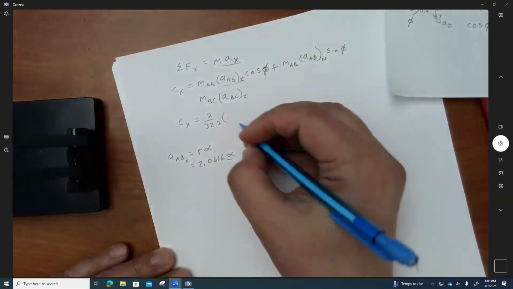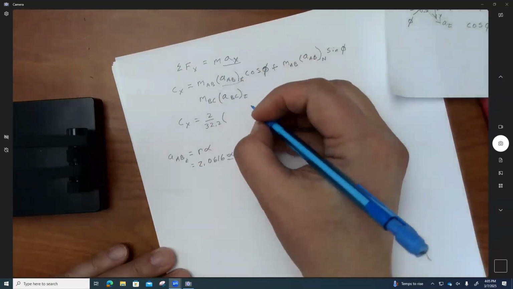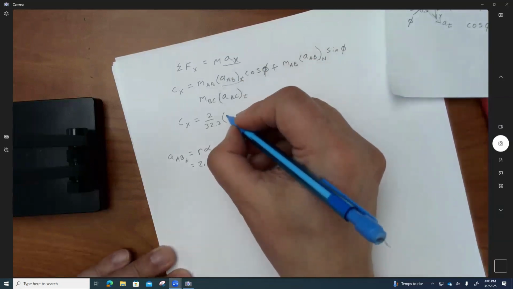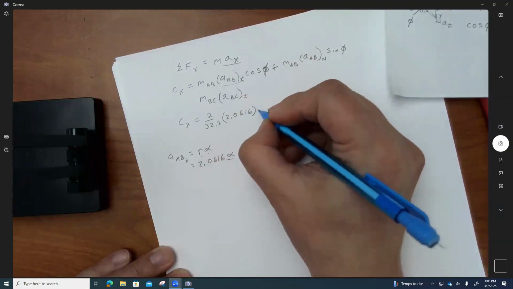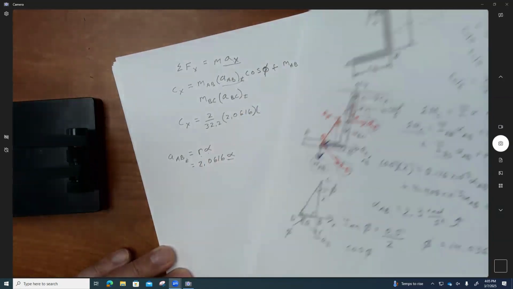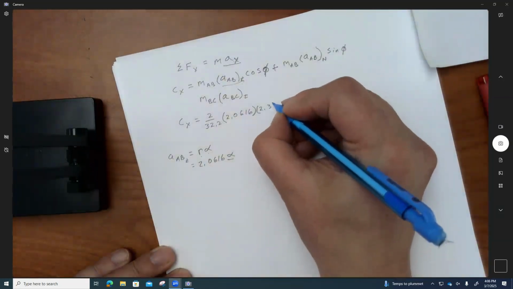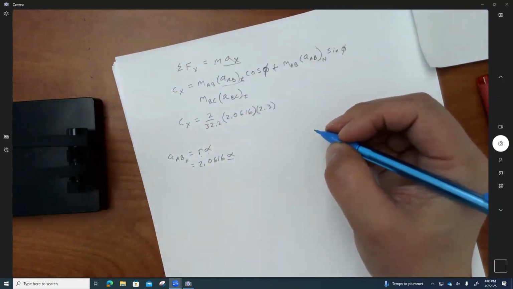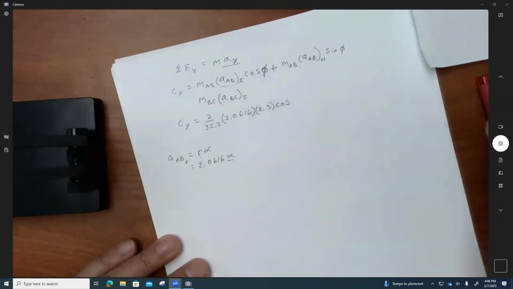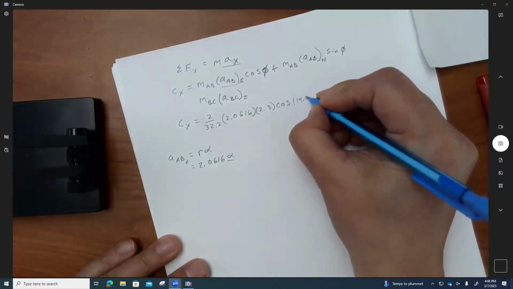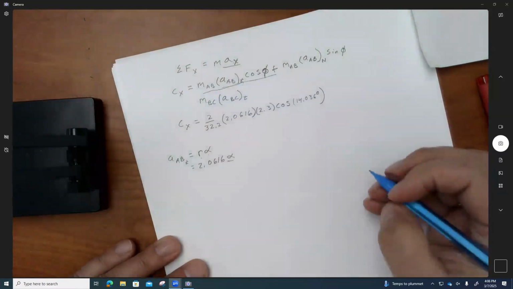And so the tangential component of acceleration is going to be equal to r times alpha, 2.0616, multiplied by alpha, and alpha we found to be 2.3, and then we're going to do the cosine of phi, cosine, because we only want the x components, of 14.036 degrees. So we've got this portion done.